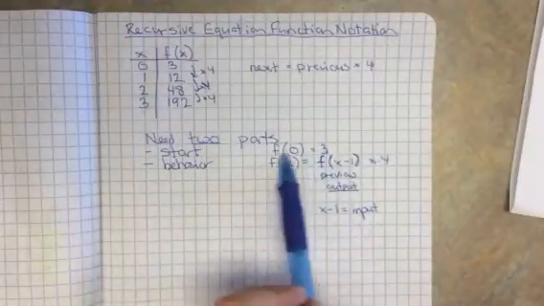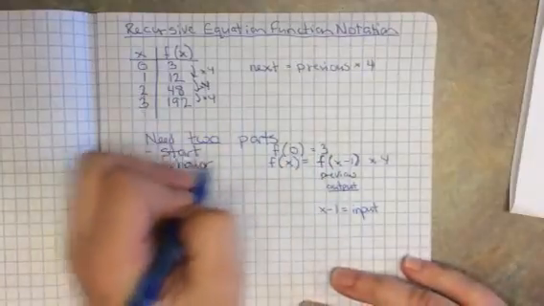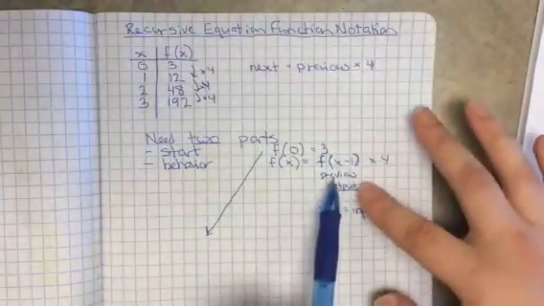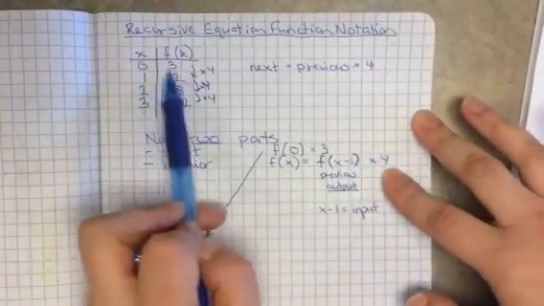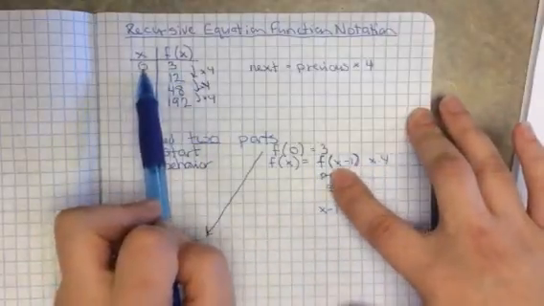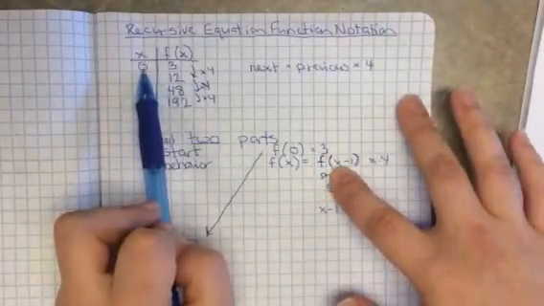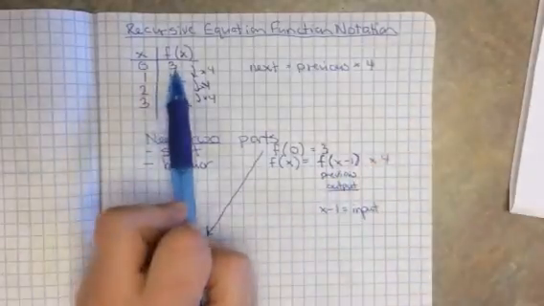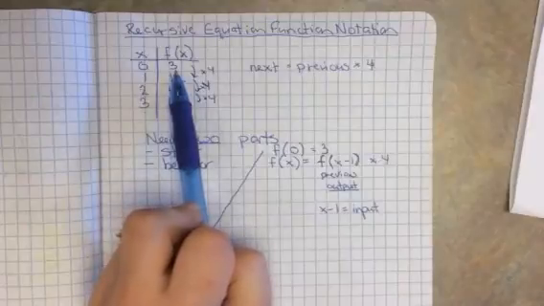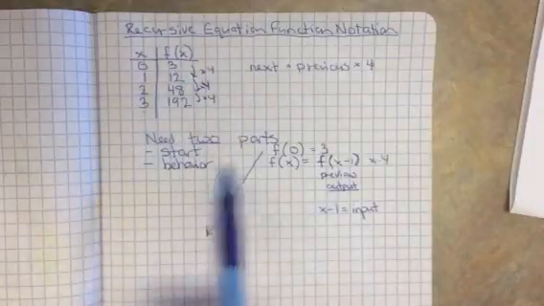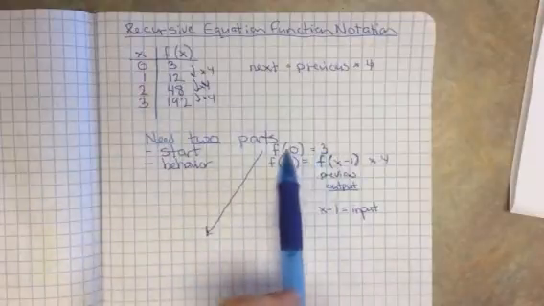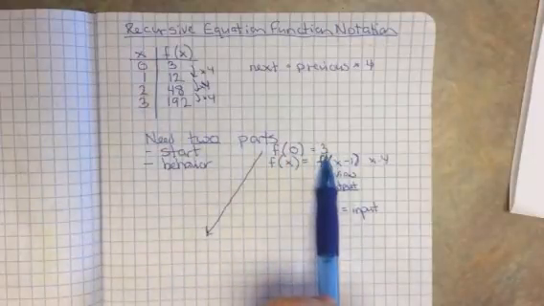The reason you need this starting value, and I'm going to come down here and make a comment about this. Watch what happens if I try and use this pattern with the first number. I want 0, right? 0 minus 1 is -1. -1 times 4 is -4, right? Did that give me the right answer? So this pattern doesn't work for the first term, which is why you have to say what the first term is.